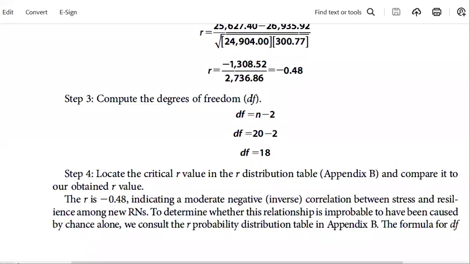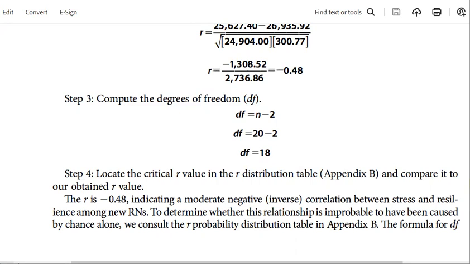So the tabled R value is 0.4438 at degrees of freedom of 18 at a set alpha level of 0.05. The absolute value of our obtained R would be 0.48, which does exceed that tabled R of 0.44, indicating that we have a statistically significant Pearson correlation between stress and resilience.